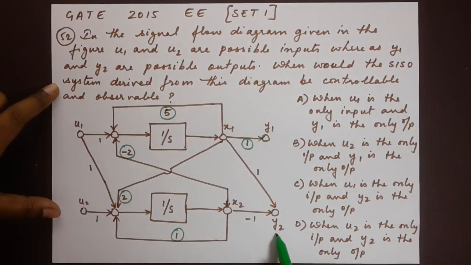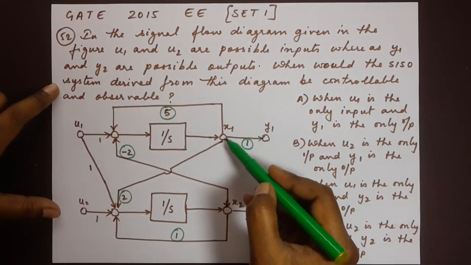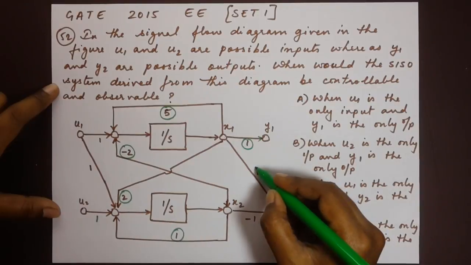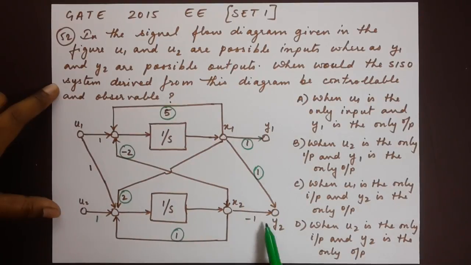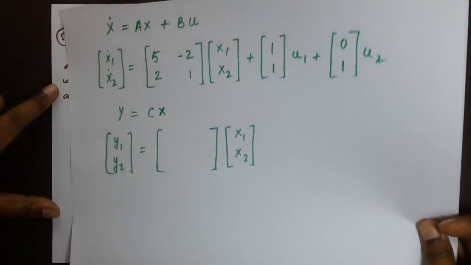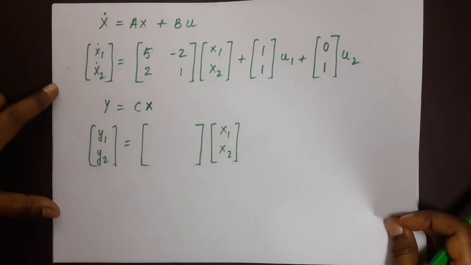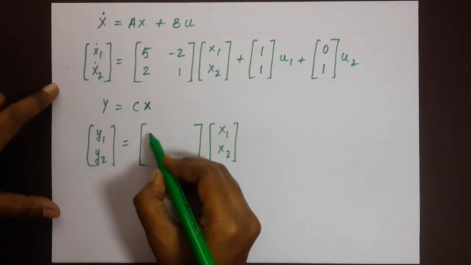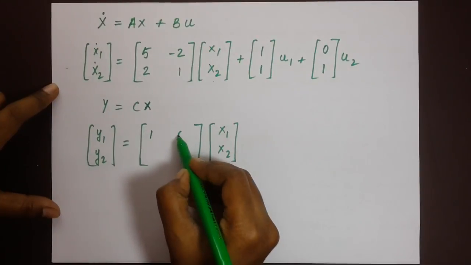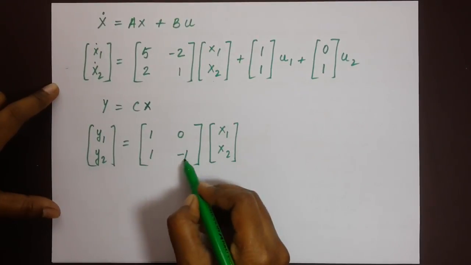Now for y2, we have two values. We have one path coming from x1, and then we have another coming from x2 at -1. If we enter those values here, we would now have 1, 0, 1, -1.